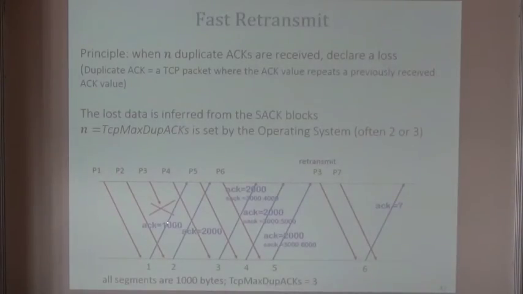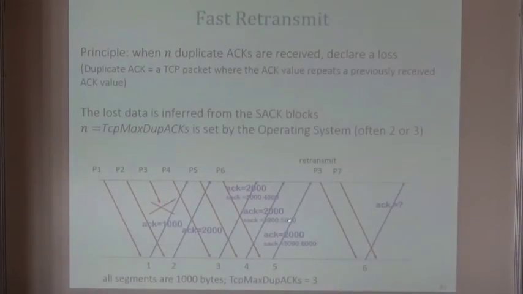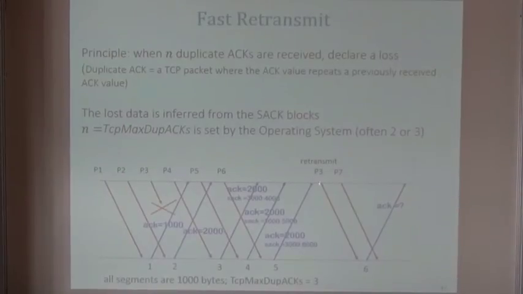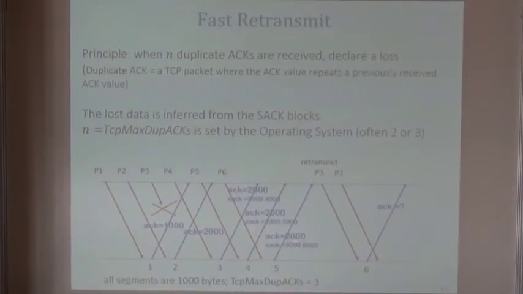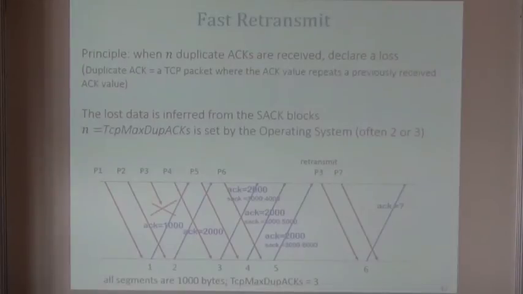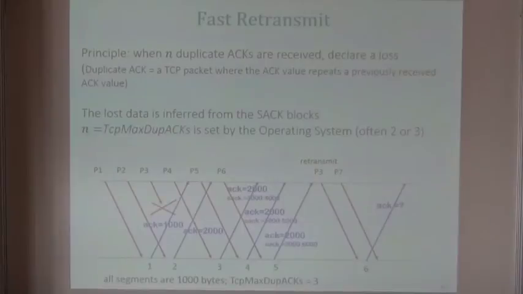So here, this is a non-duplicate, but here I have 3 duplicates. If this heuristic is used, at this point, we will decide to retransmit the packet that is missing, and we know which one with the SACK blocks. It's 2000 to 3000. So we will retransmit P3, and then we will continue transmitting P7, if the window size allows. So this is how most TCP implementations retransmit packets today.